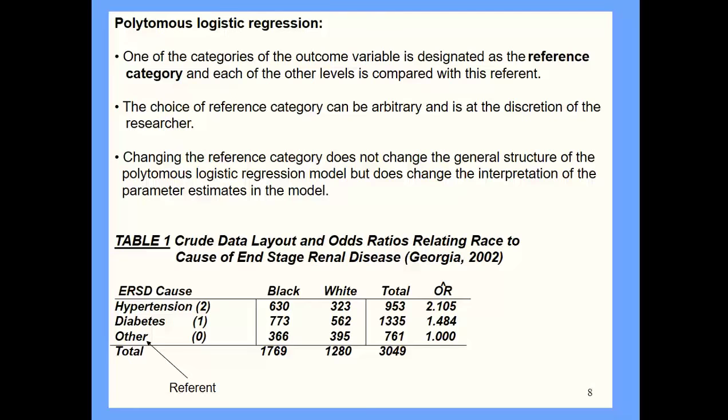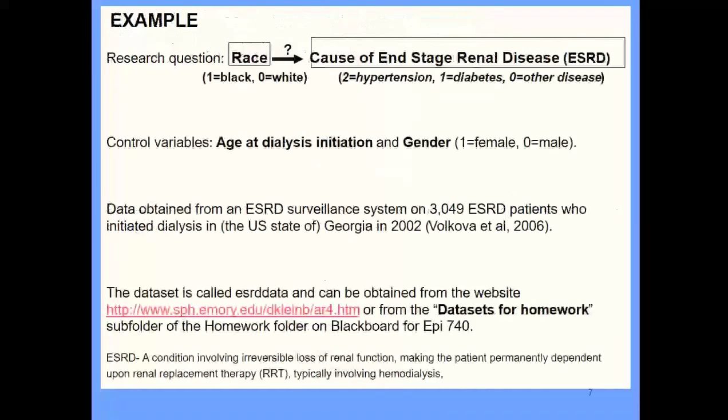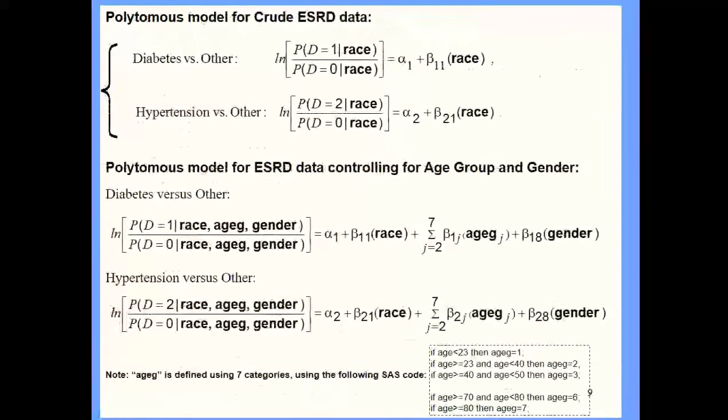And actually, even the crude data, this is an example of the crude data for this case, can be put into the form of a model. You can write it in terms of a simple polytomous logistic model that only deals with the crude data. In order to do that, basically what you have to do is write two equations that describe the two odds ratios that you're trying to estimate, because you've got these three categories.